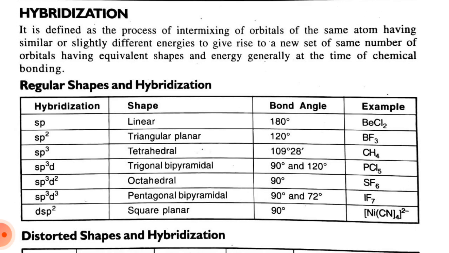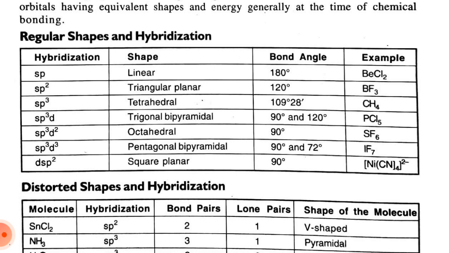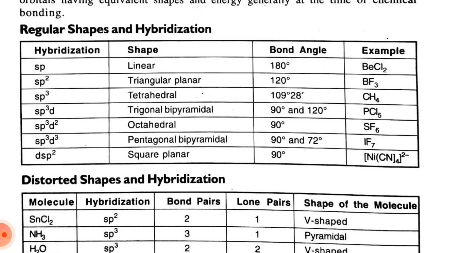Hybridization. It is defined as a process of intermixing of orbitals of the same atom having similar or slightly different energy to give rise to a new set of the same number of orbitals having equivalent shapes and energy, generally at the time of chemical bonding. Regular shape and hybridization. Hybridization, shape, bond angle.